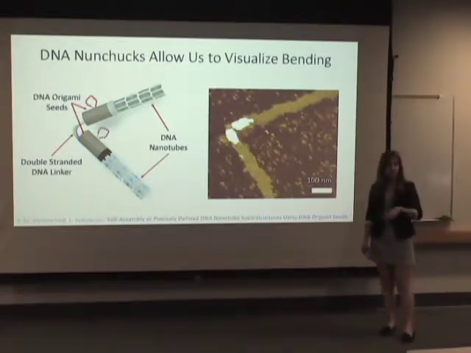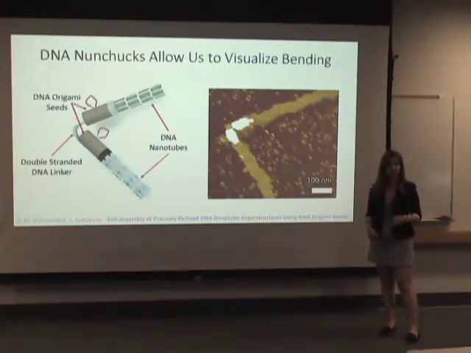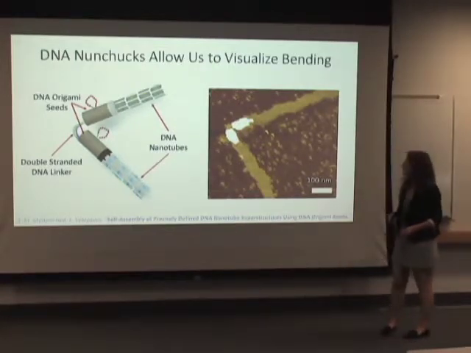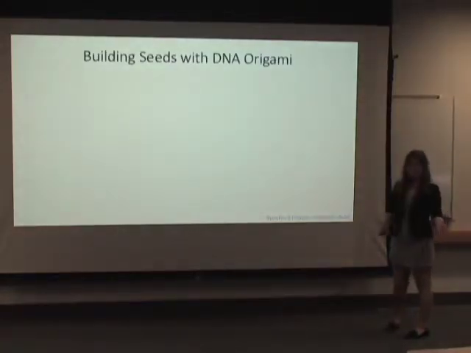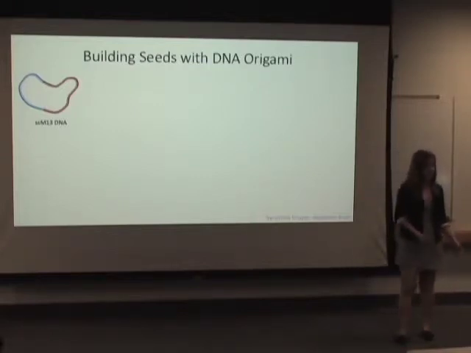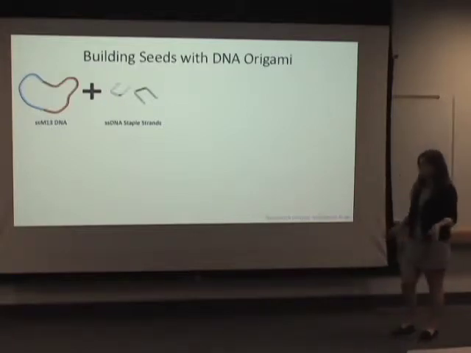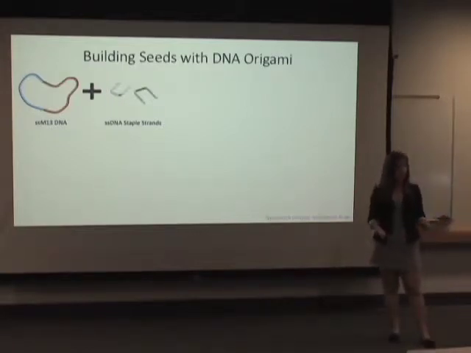Now, underneath the microscope, you can't see this linker-stranded DNA, but by focusing on the movement of the arms, we can interpret the way the strand is bending and gain a better idea of these bend dynamics. But the problem with our nunchucks is that they're difficult to build, and DNA origami gives us very inconsistent seed yields. These inconsistencies increase the amount of time we spend designing them.